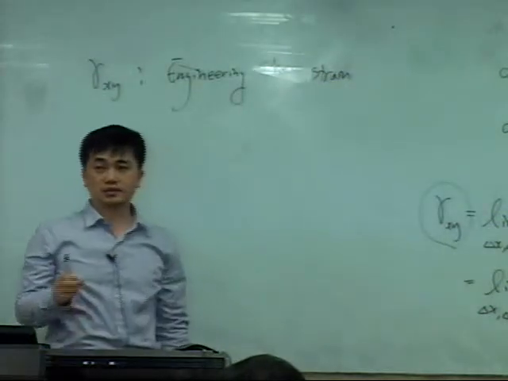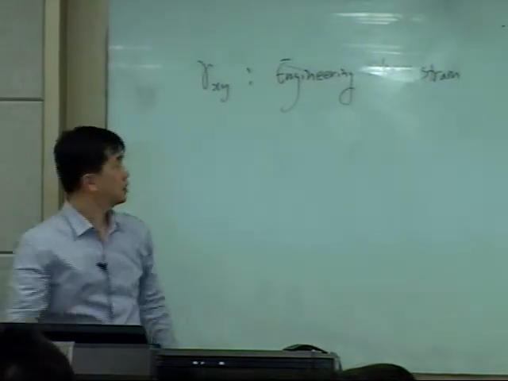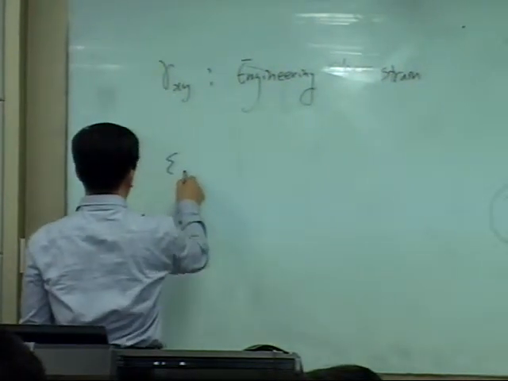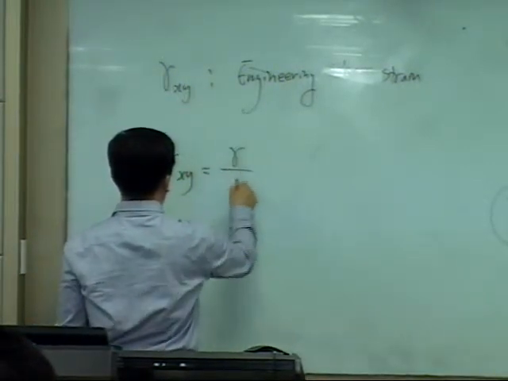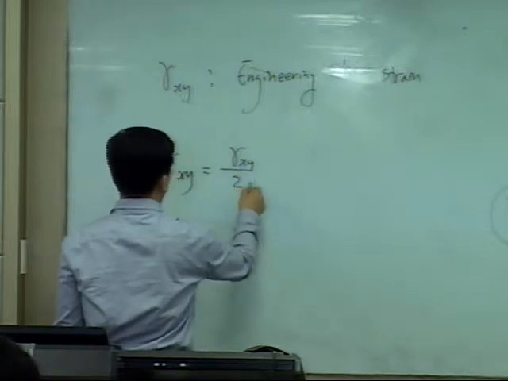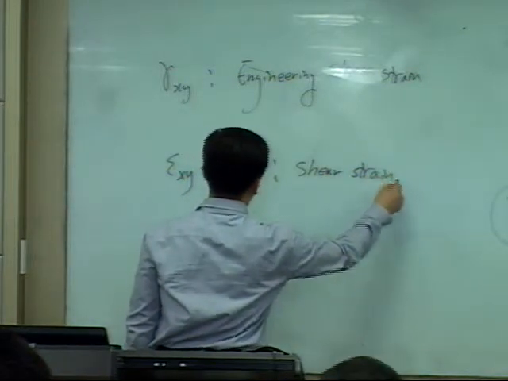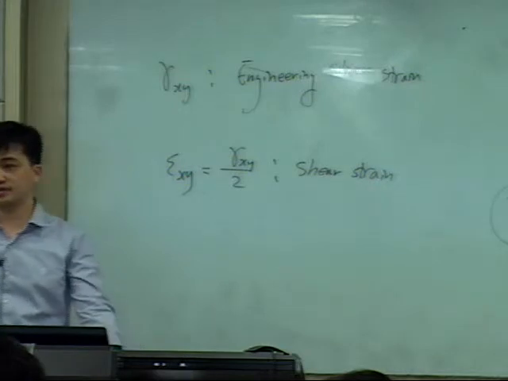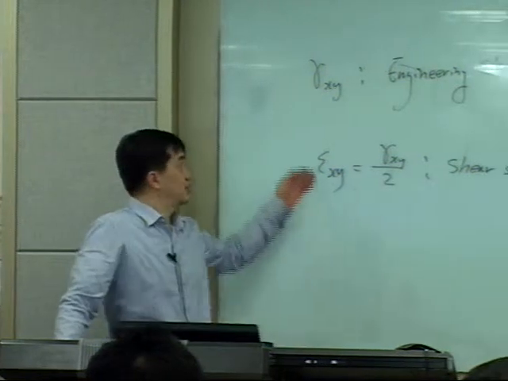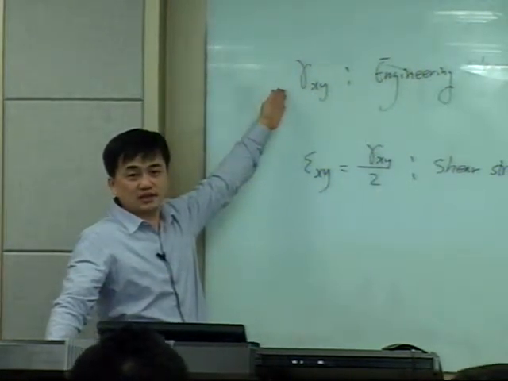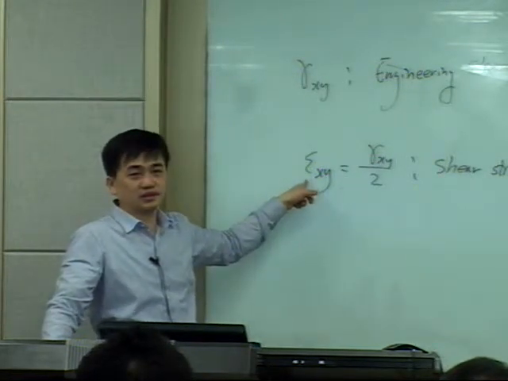And it gives us a physical meaning, the angle change in the body. Okay? And the shear strain epsilon xy will be half of that value. This is just the shear strain. Okay? Engineering shear strain and shear strain are different. In engineering, usually we are using that one. Okay? But to make a strain tensor, we need to use this one. Okay?